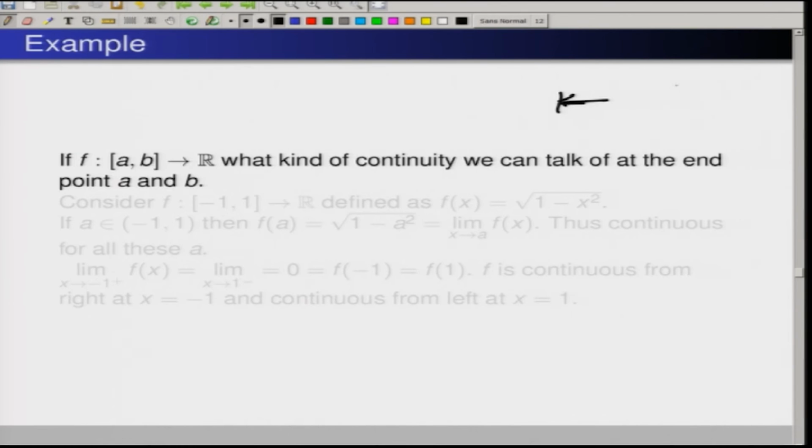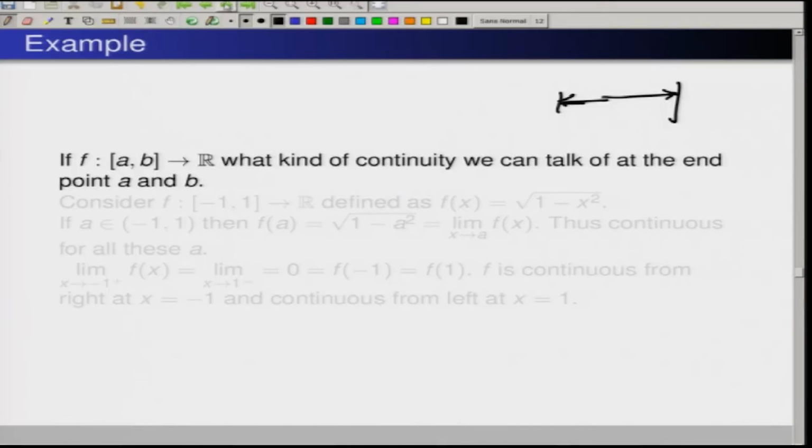At the right endpoint, we can only approach from inside, that means from the left.